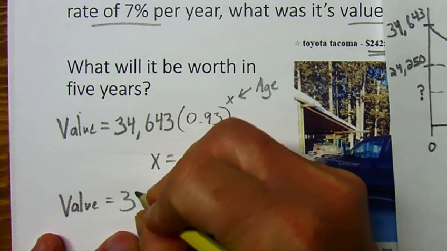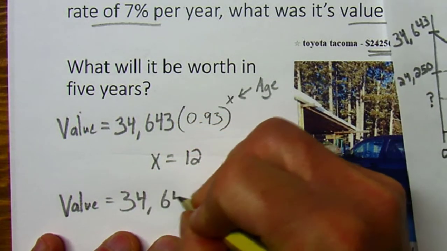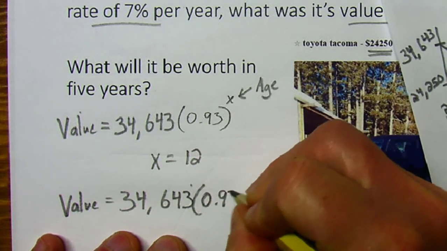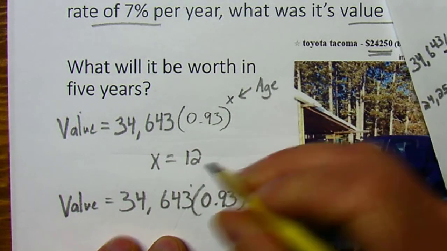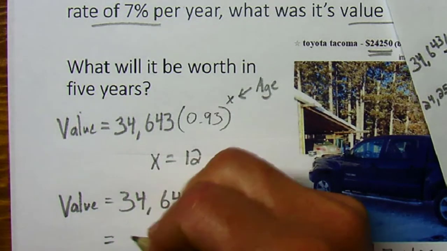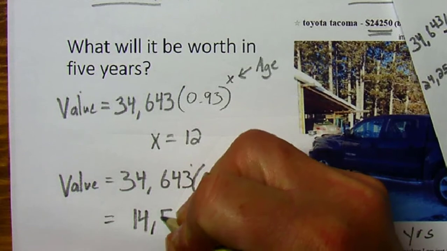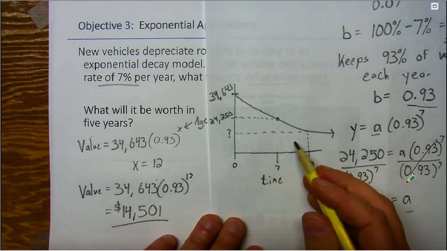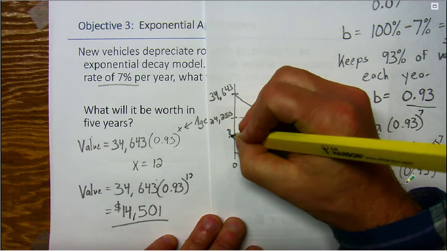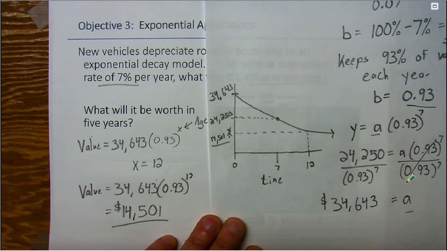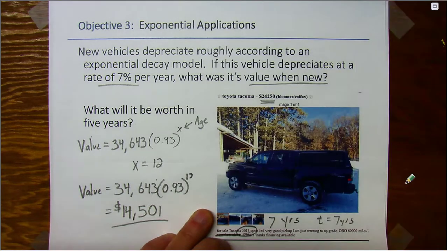And so its value will be 34,643 times 0.93 to the 12th power. And again, calculator problem. And you should get $14,501. So 5 more years into the future, this will drop to $14,500 or so. And we've answered that question.